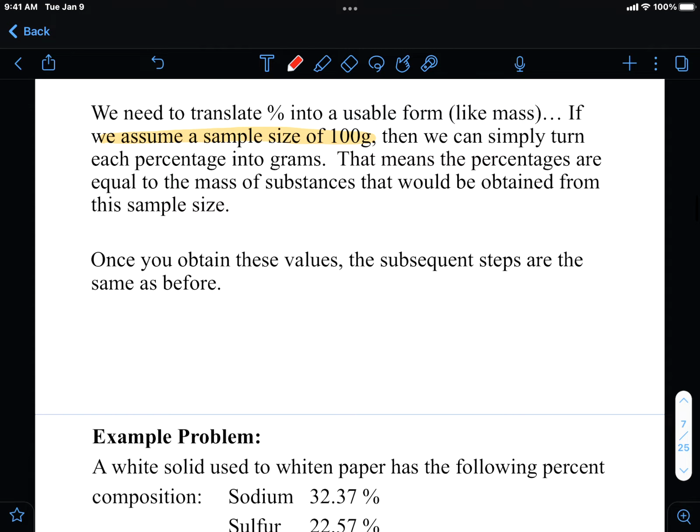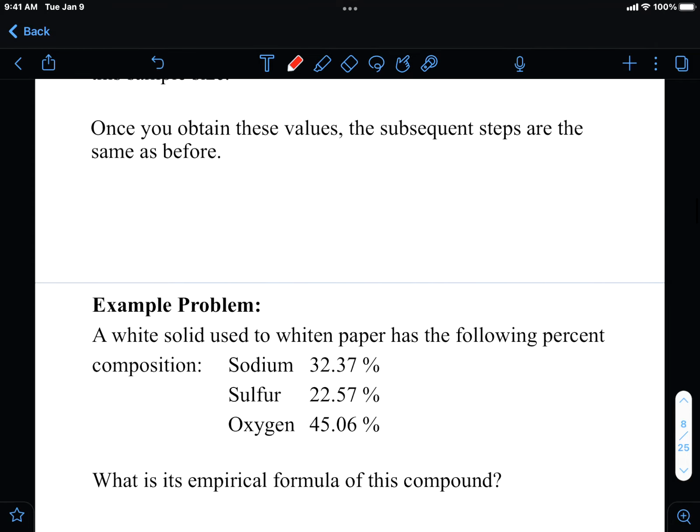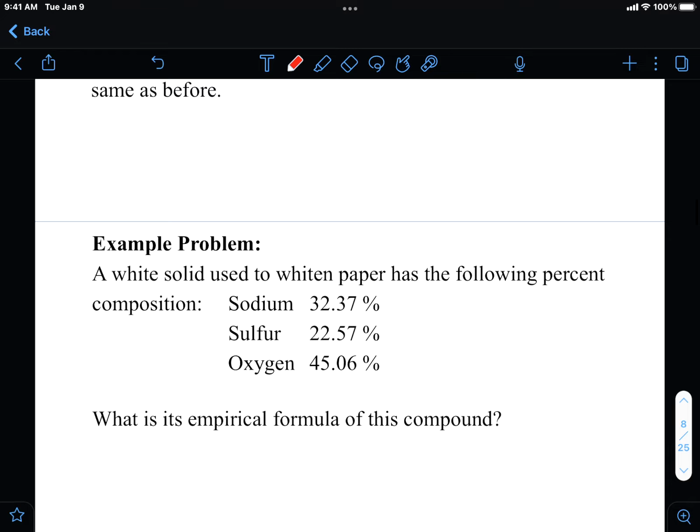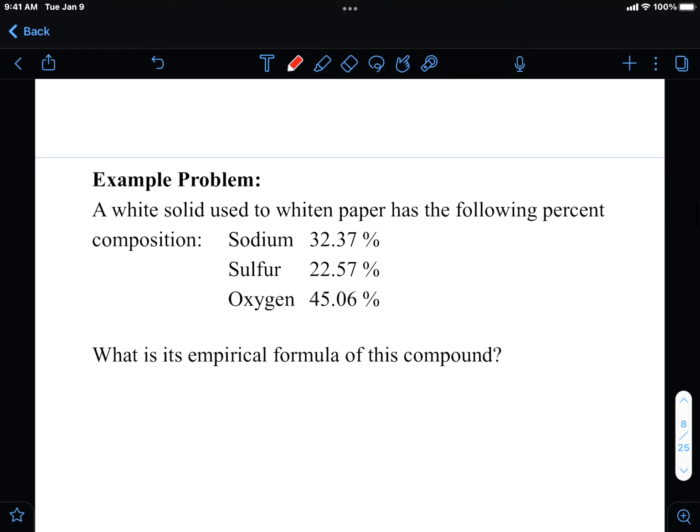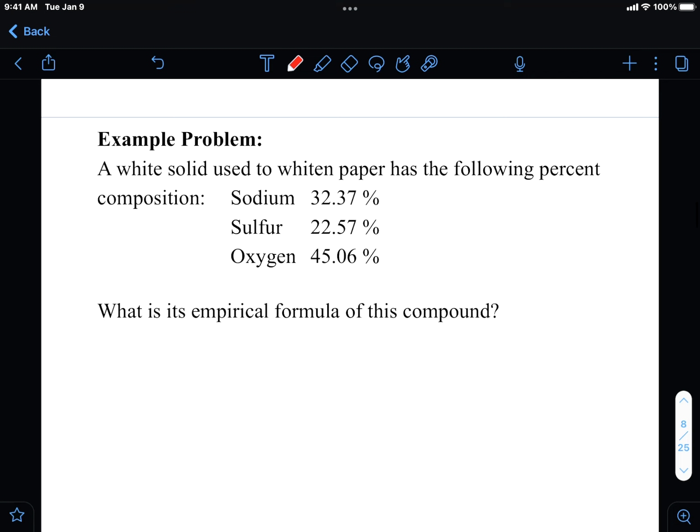Right? So here we have a compound, and they tell us the percentages. It doesn't matter whether my sample size is 1 gram, 10 grams, 100 grams. If you have percentages, you can find the empirical formula. All you do is use these numbers just like they are grams.